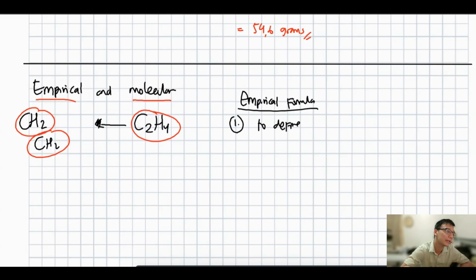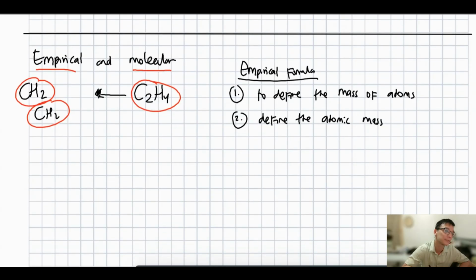So the first one is to define the mass of atoms. Second, define the MR, the atomic mass.